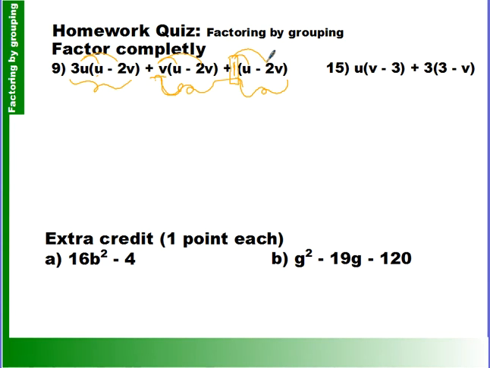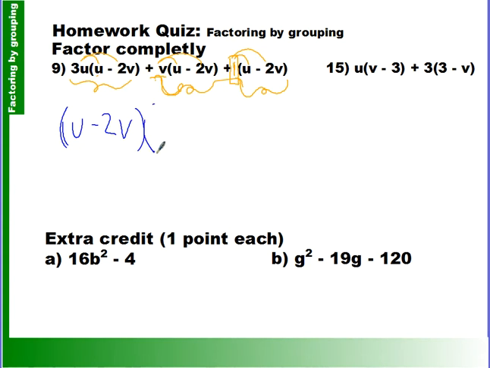Now, you can bet that when we're factoring by grouping, the binomial that shows up, in this case 3 times, is going to be in the answer. So right away, I know that I'm going to have U minus 2V. That's pretty intuitive, because it shows up in all 3 cases.